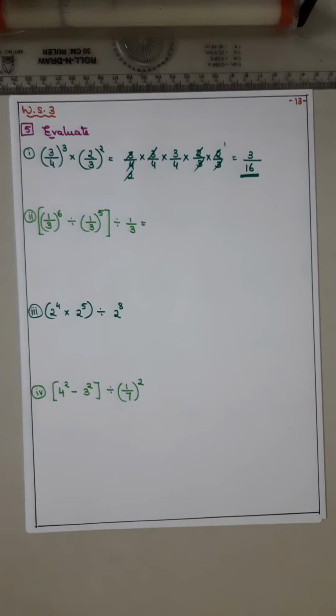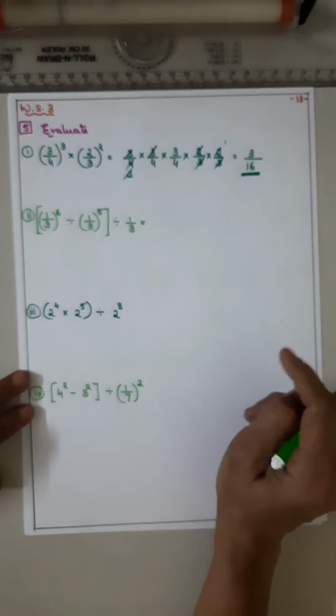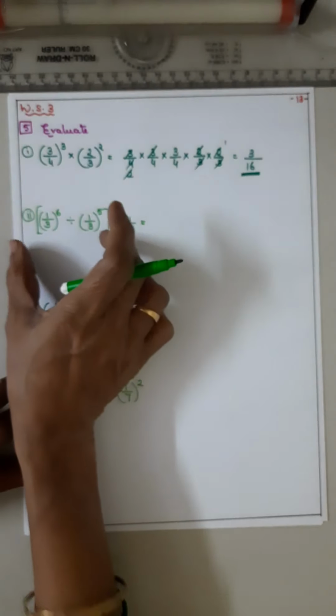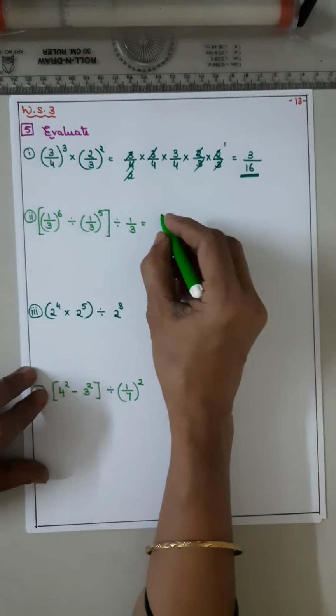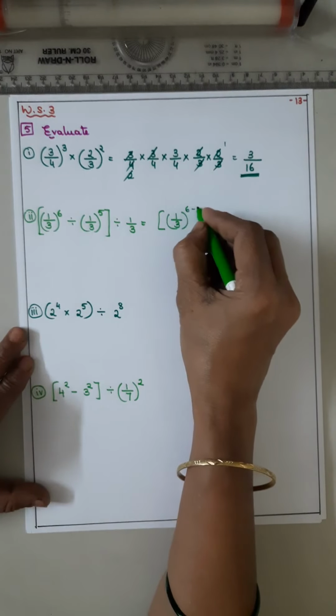Now coming to the second subdivision: 1 by 3 the whole raised to 6 divided by 1 by 3 the whole raised to 5. That is within the bracket. Then divide by 1 by 3. So first we will solve this. Bases are same. Now in between the division sign means what? Subtract the powers.